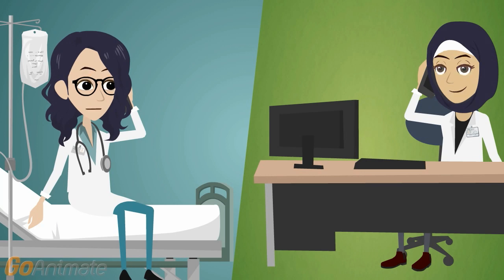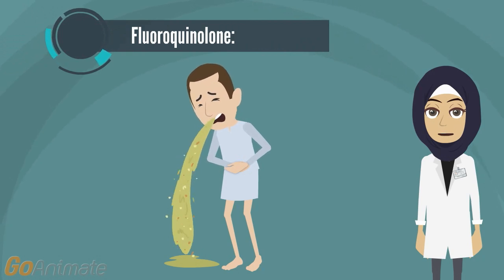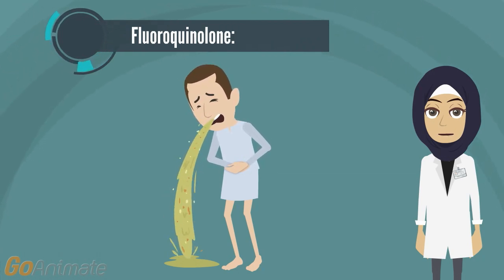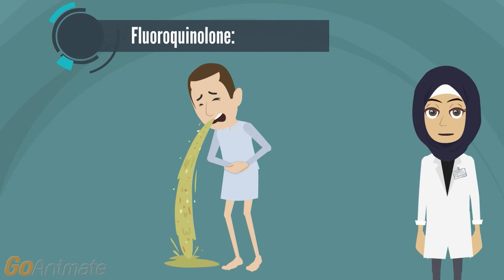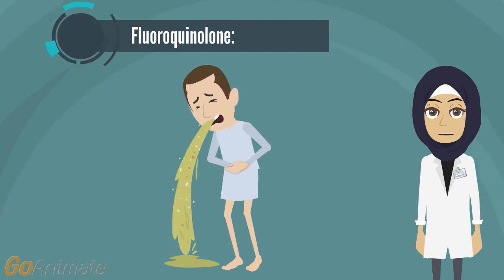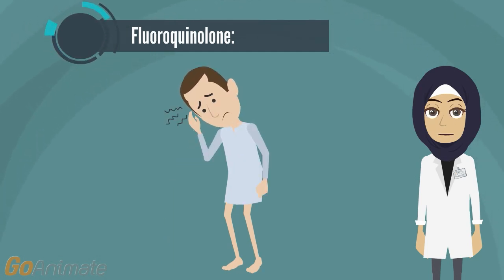Great, I got it. So, can you tell me about the major antibiotic side effects? Sure, yes. Well, their common side effects include gastrointestinal effects, such as nausea, vomiting, and diarrhea, as well as headache and insomnia.